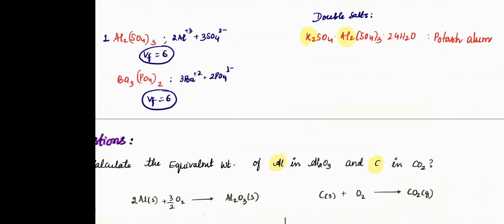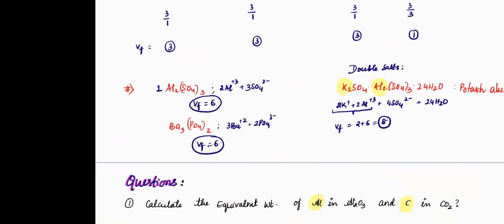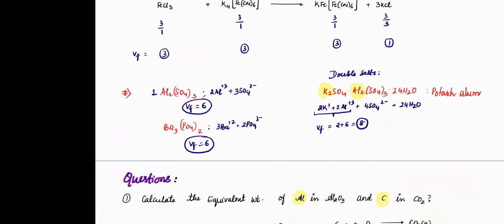Right. So notice this one. Here also if you split it out, we will get 2K+ plus 2Al3+ plus 4 moles of sulfate plus H2O. And H2O does not have any role because it does not take any charge on it. So the valency factor now you will check out is total positive charge or total negative charge. Total positive charge is how much? 2 plus 6, so total 8. So the valency factor for this double salt is actually 8. Clear?